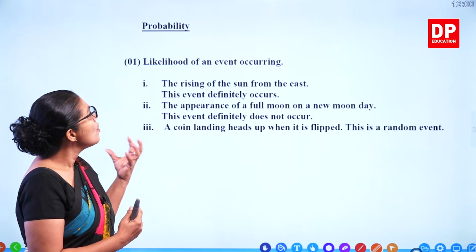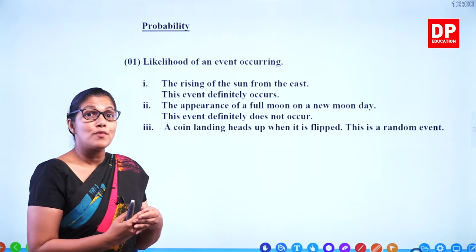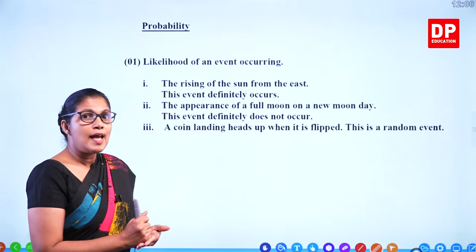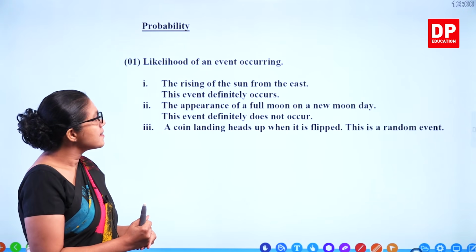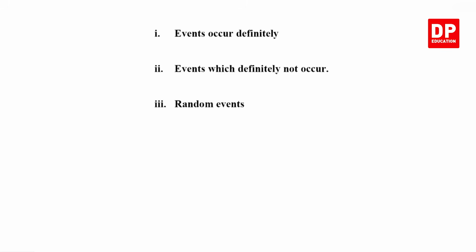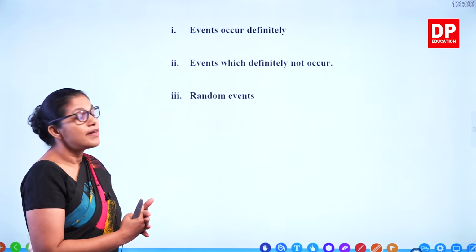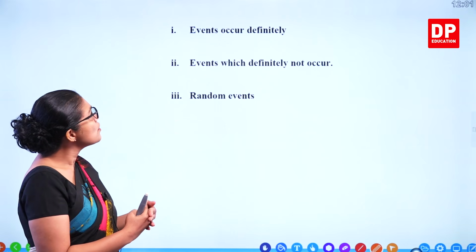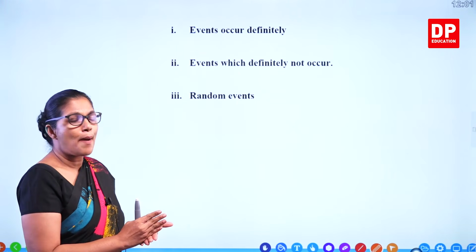So when you take these events, you can say sometimes it's definitely happening, sometimes not happening, and sometimes it's random. Events which definitely occur are sometimes called certain to happen.